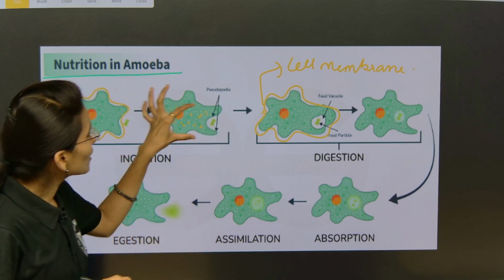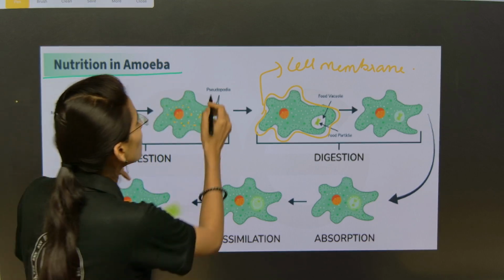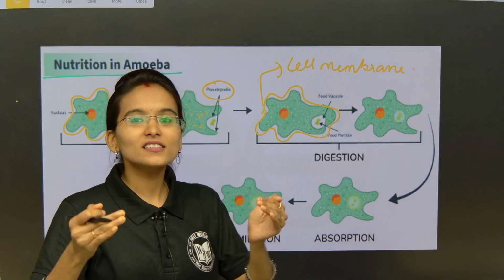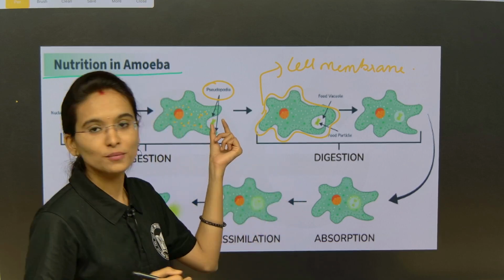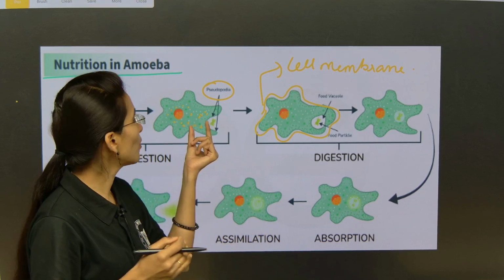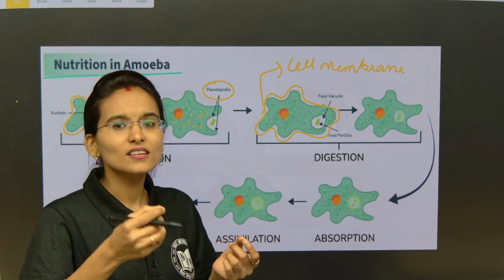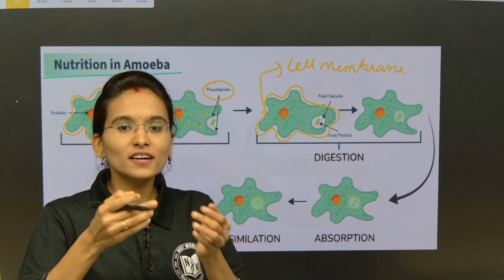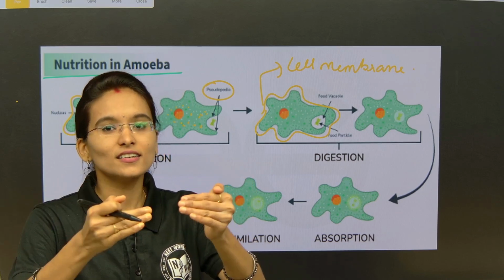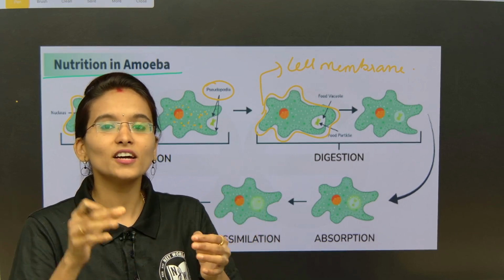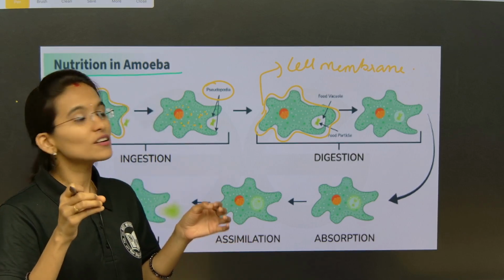Now, the cytoplasmic extensions, the pseudopodia, are going to invaginate around these food particles. Are you getting the point, my dear students? Here we can find the food particles. The amoeba extends the pseudopodia to consume those food particles.